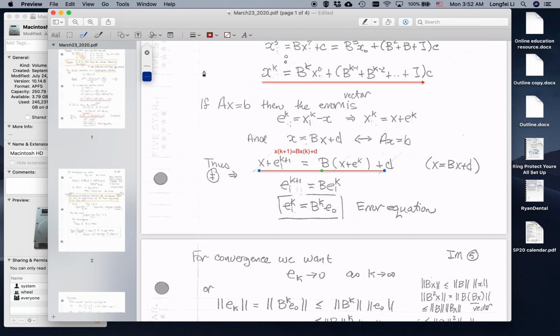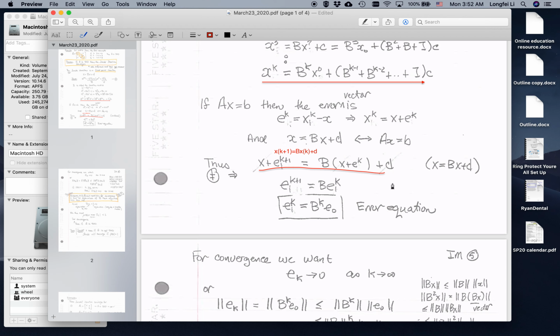Then we use the fact that x equals Bx plus d, so we can cancel the terms, and we end up with this error equation, that is, e_{k+1} equals Be_k. So the error of the new approximation equals the matrix B multiplied by the error of the previous approximation.